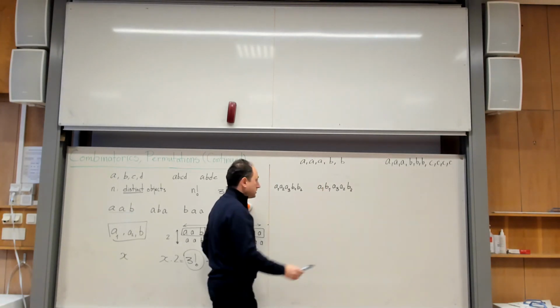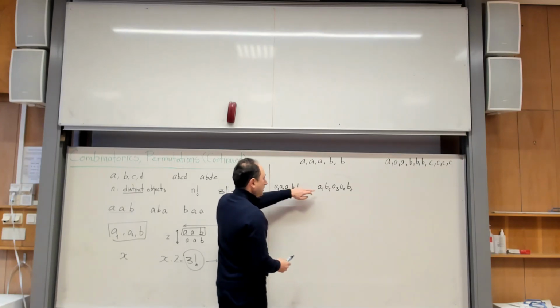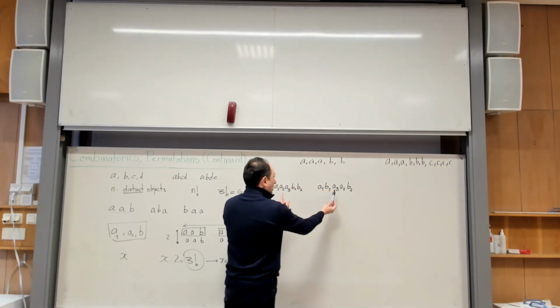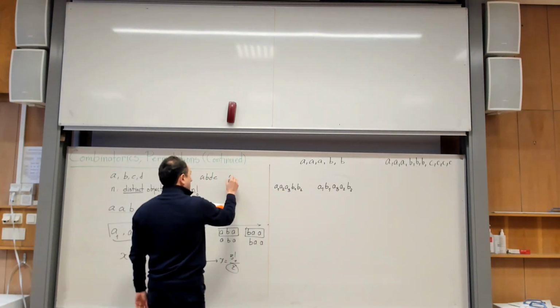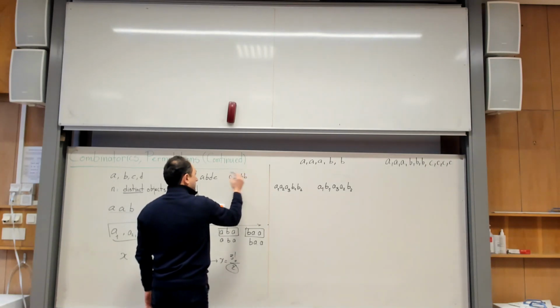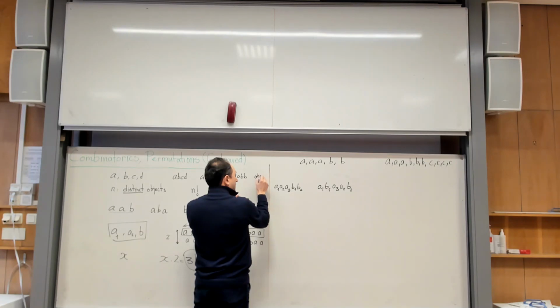Yes? But now look, if I remove the indices here, and if I remove the indices here, should I count them 2 times or 1 time? 1 time. So if I remove the indices here, it becomes A, B, B. If I remove the indices here, it becomes A, B, B. Are they different or the same?